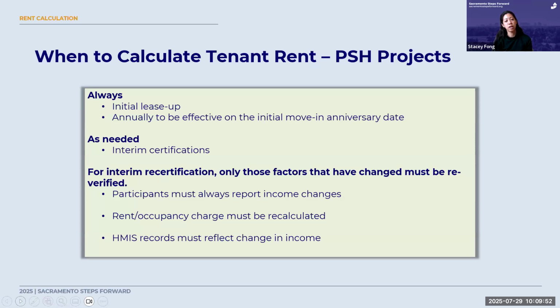It's important to note that participants must always report substantial income changes. If it's a few dollars a month, it's not necessary, but substantial changes. Then the rent occupancy charge will be recalculated, and you'll want to reflect that in their HMIS profile. Next slide.